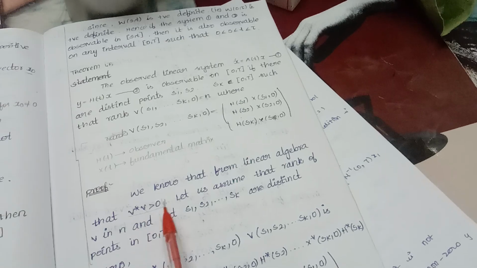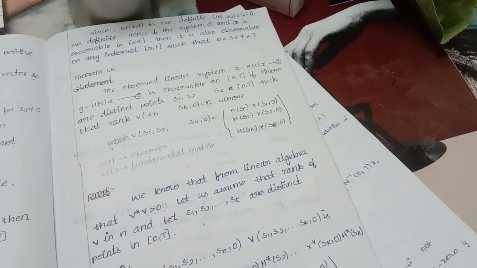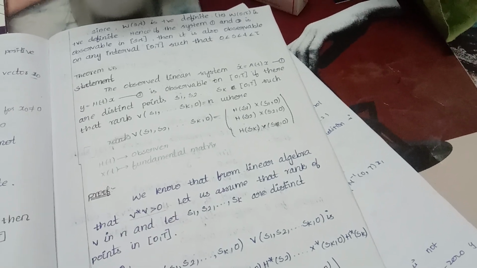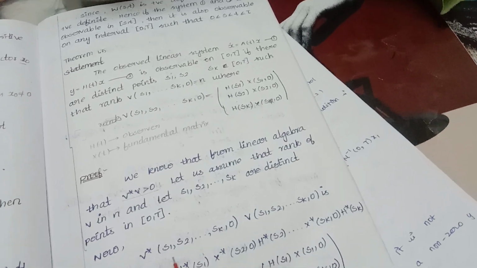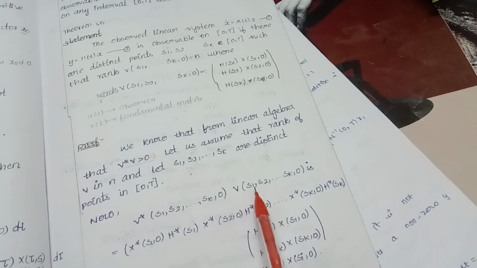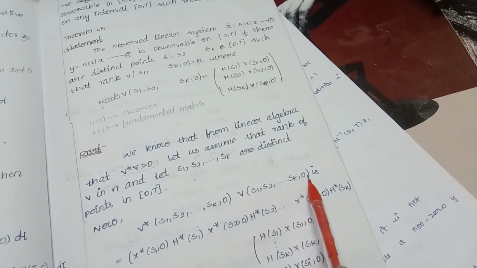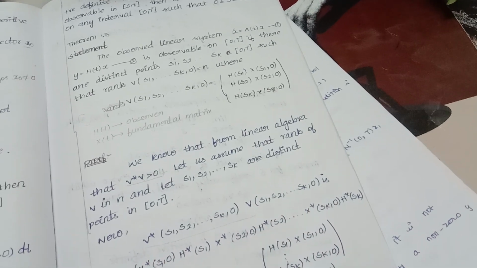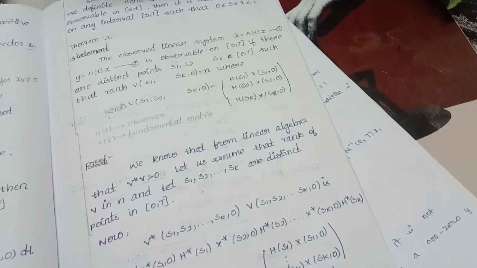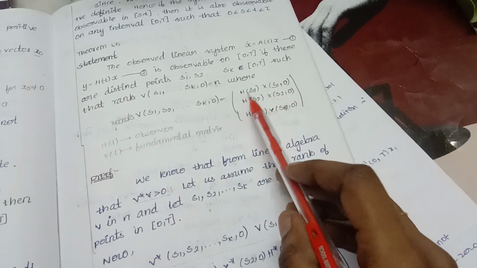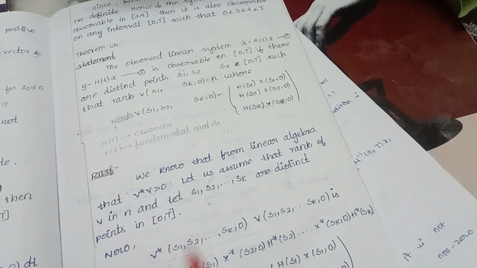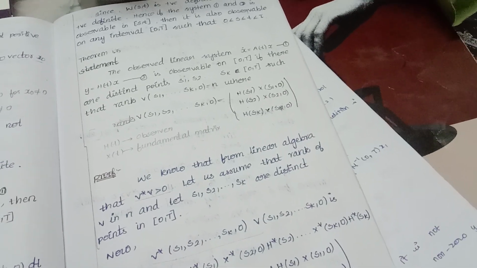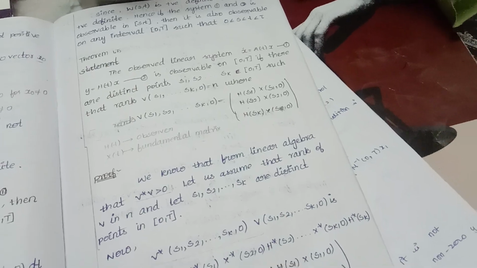So V star, up to how many points? If it is 2, it is V star of s1, s2, 0. So it is k distinct points: V star of s1, s2 to sk, 0 and V of s1 to sk, 0. We know that V can be represented as H(s1) X(s1, 0). Star denotes the conjugate, which is nothing but the transpose.